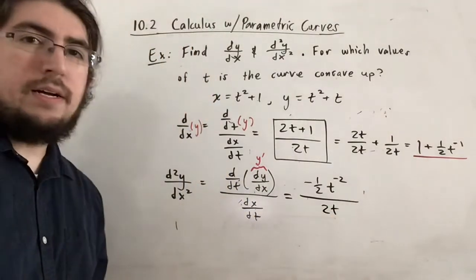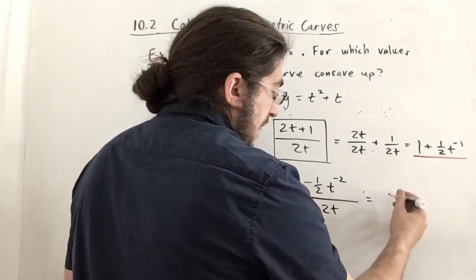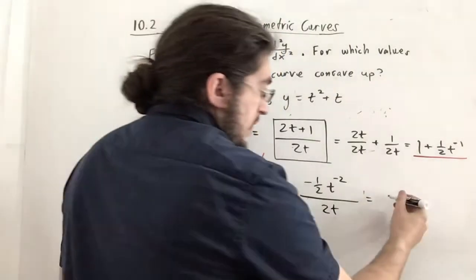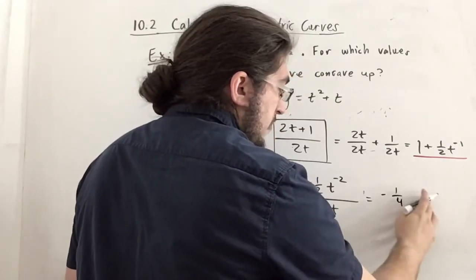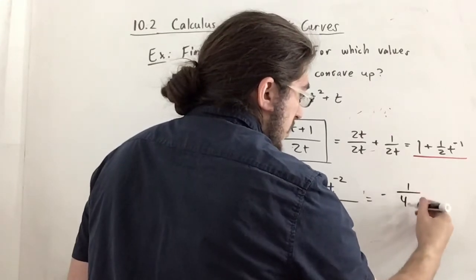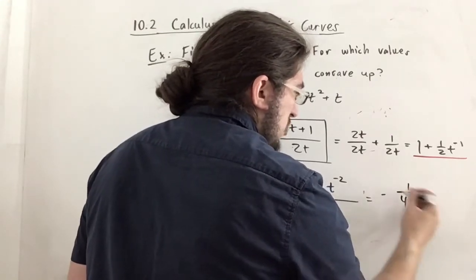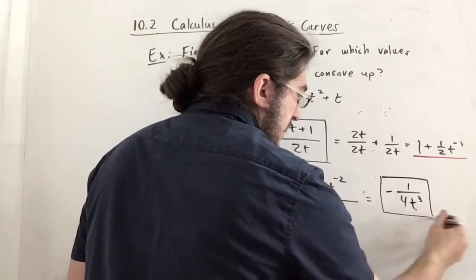So there's definitely a way we can simplify this, of course. This is negative 1/4 t to the negative 3. So if you want, we could write it like negative 1 over 4t cubed. I hope we're okay with that. I'm not really explaining my work here, but you can check it out.